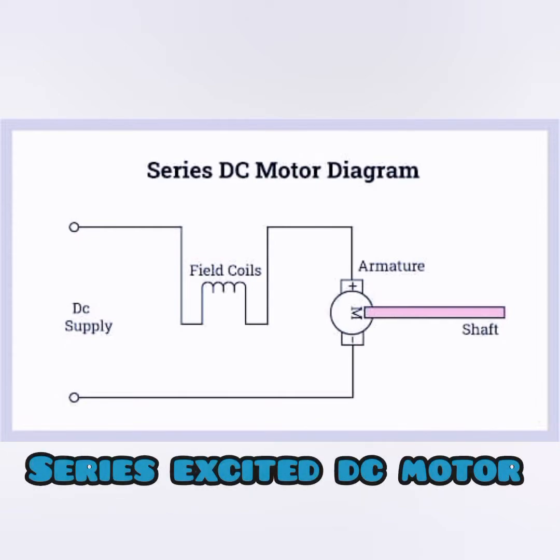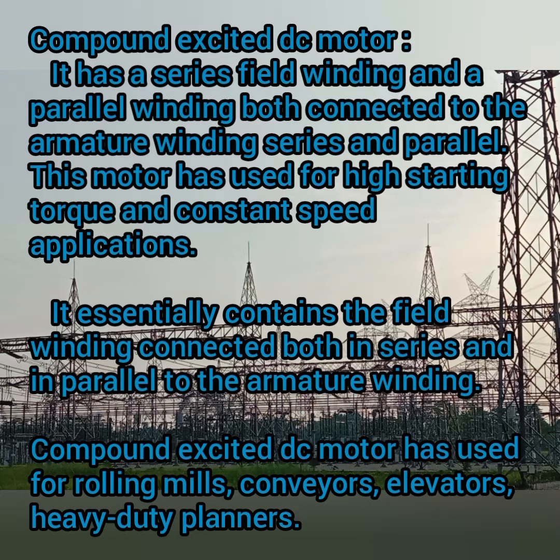Next, coming up to the compound excited DC motor, it has a series field winding and a parallel winding, which means both are connected to the armature winding in a series and parallel condition. This motor is used in high starting torque equipment and also for constant speed equipments. So it essentially contains the field winding connected in both series and parallel connection to the armature winding.